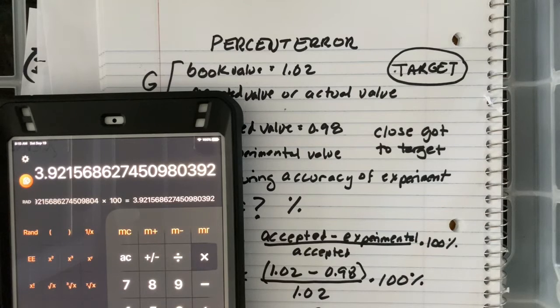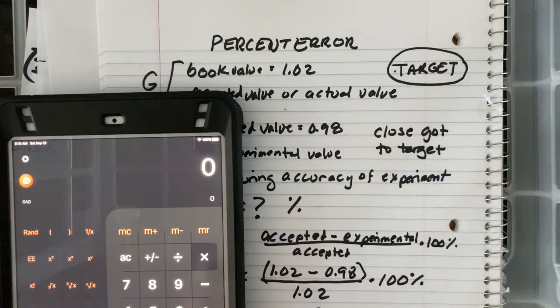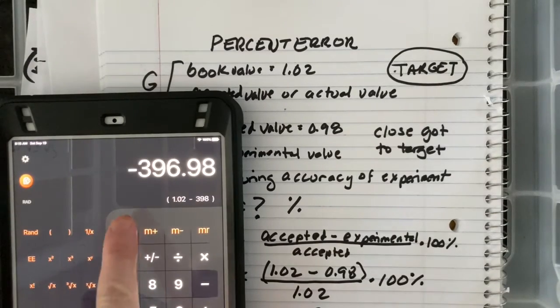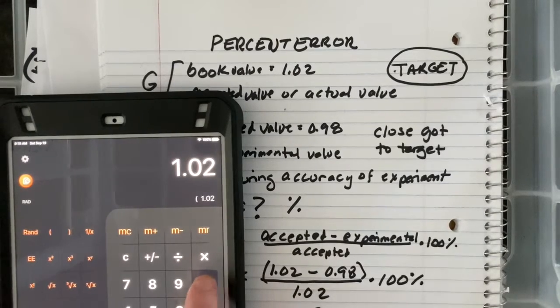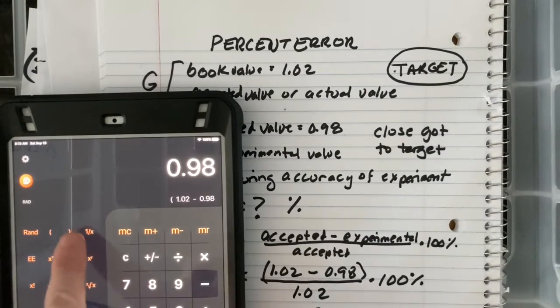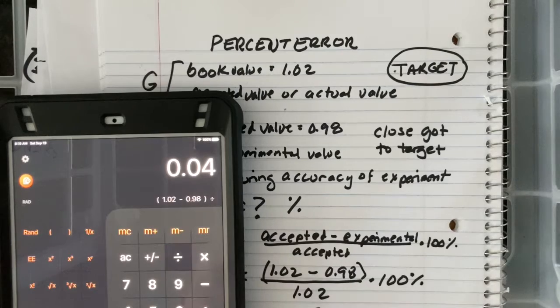And I'm going to show you the other way and then we'll adjust for sig figs. The other way is you use your parentheses, okay? The quantity of 1.02 minus 0.98. Oh, I can't plug it in. The quantity 1.02 minus 0.98 end quantity divided by 1.02.